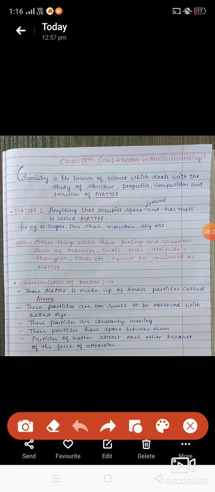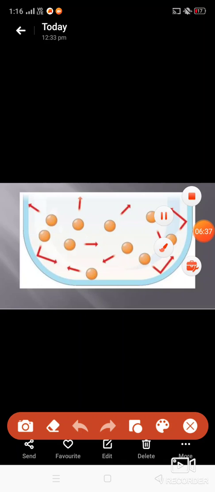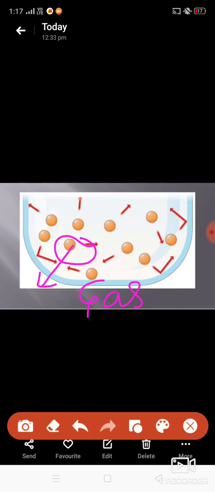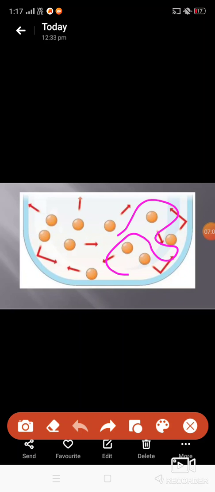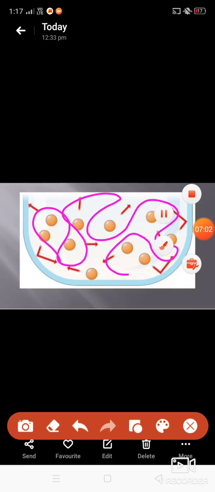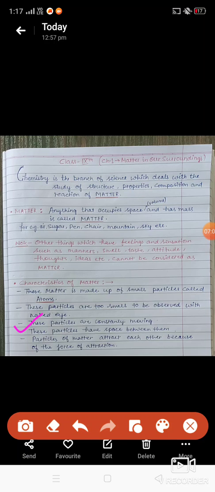Next characteristic of matter: these particles are constantly moving. Look at this picture. These are small particles, and these are particles of a gas. Here there is free space, and in this free space these particles move constantly. Next characteristic is that these particles have space between them.